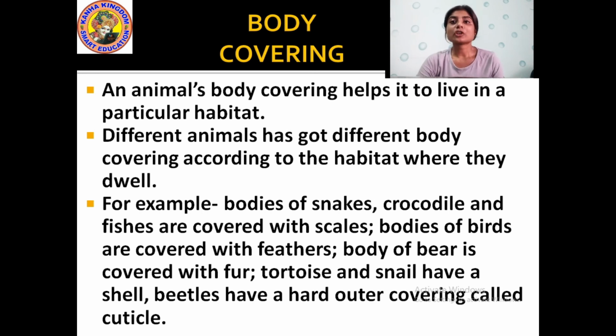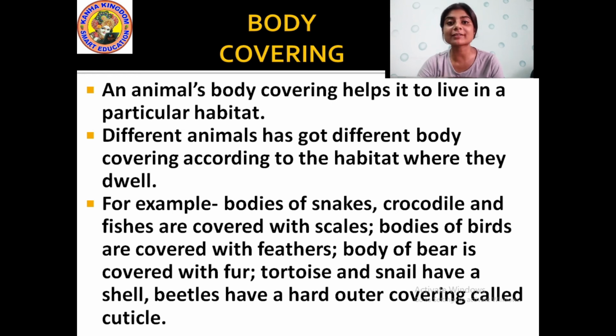Understood? Then tortoise and snail have a shell. Have you seen a tortoise and snail? They have a shell on their body, or not? They cover themselves into the shell whenever they find any kind of danger coming towards them, or if they want to protect themselves from heat, cold, rain. So this shell is the body covering.